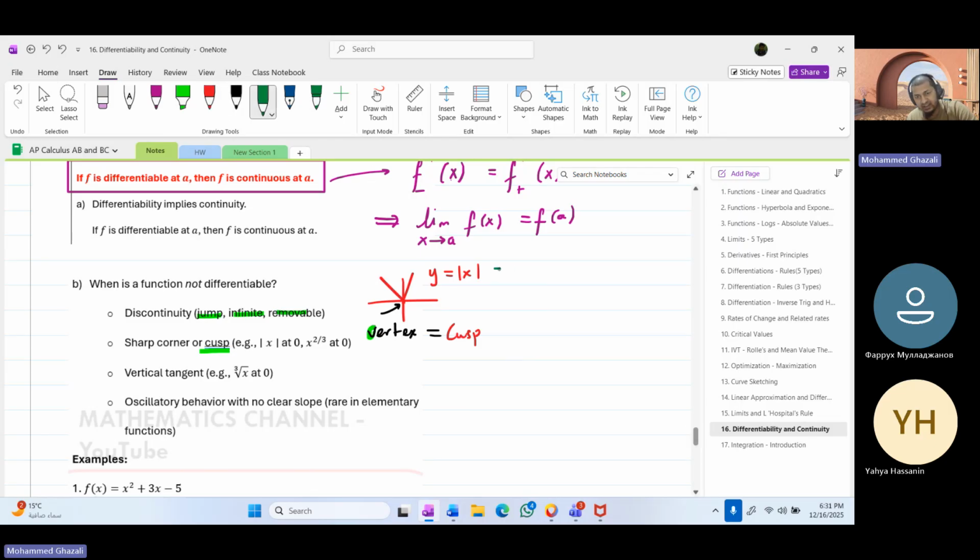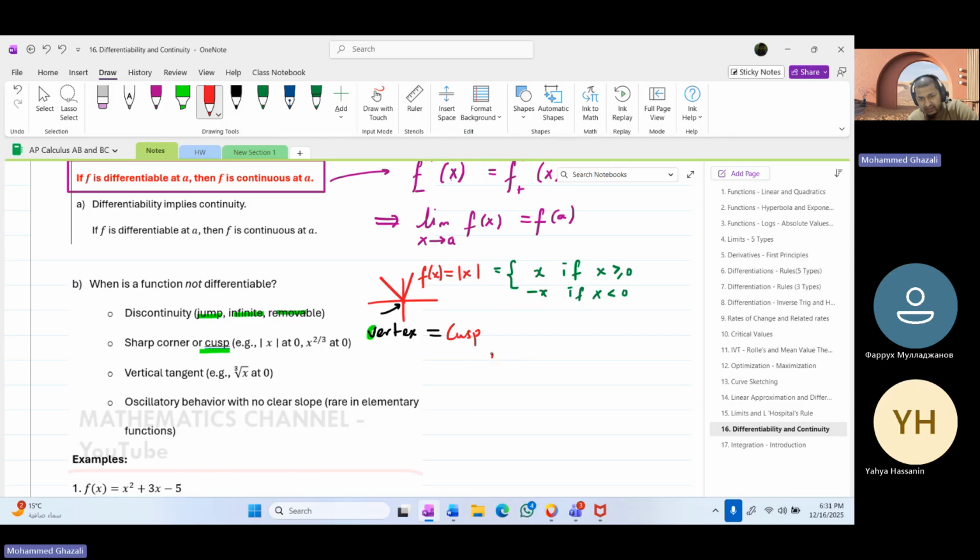Remember, the absolute value of x is defined to be x if x is greater than or equal to 0, and negative x if x is less than 0. Now, if I try to find the behavior of the limit at 0, remember y is equal to f of x.